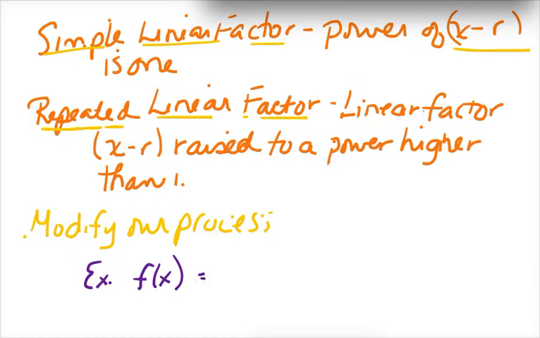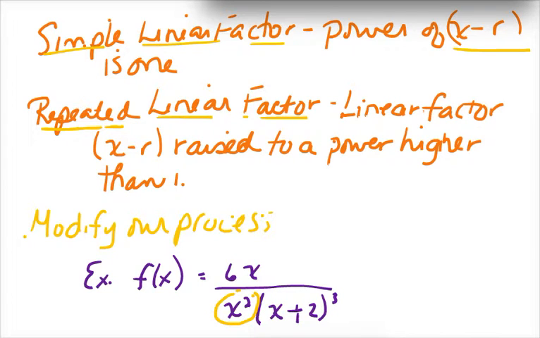So let's see, if I have something that looks like 6x over x squared times x plus 2 cubed. If these were my factors in the denominator, these would be considered repeated linear factors. And how they would decompose is like this.